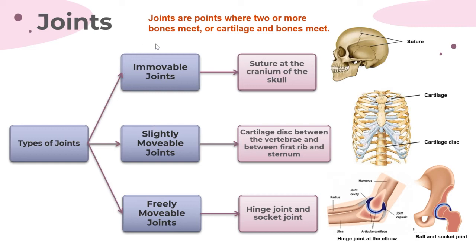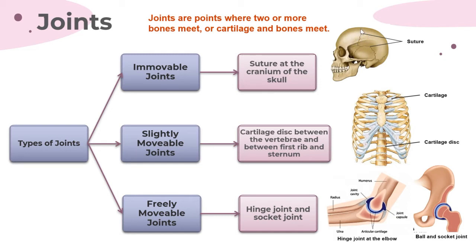An example of an immovable joint is the suture at the cranium of the skull. The suture is the point where the bones of the cranium of the skull meet.